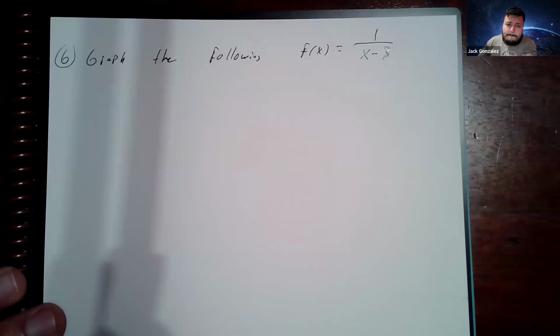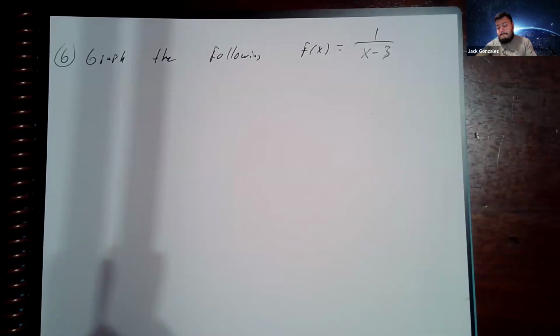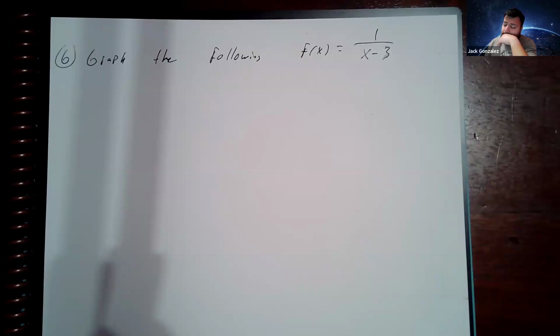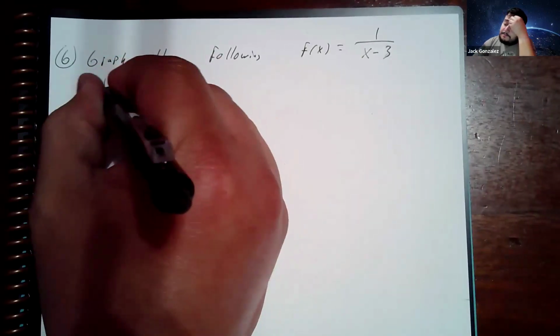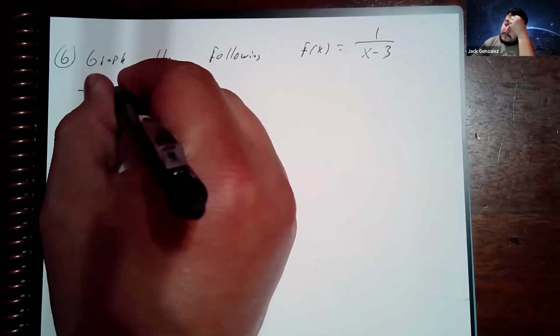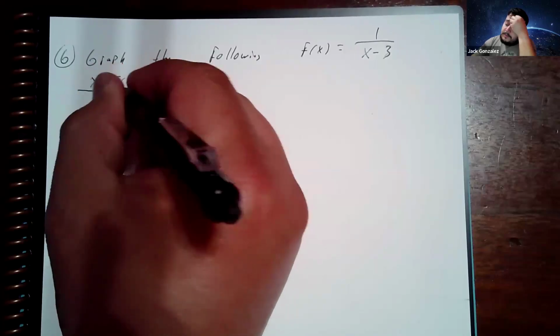Plug in any easy numbers and make a little table. It doesn't matter. X and Y, or f of x.